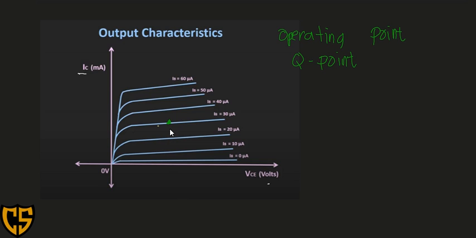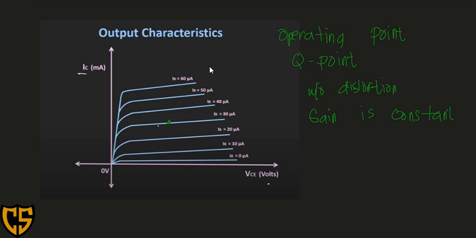This is so that there is no distortion in our output. At the same time, the gain of our transistor will be constant. So that is our purpose, that is our goal when we put it in the center of our active region.